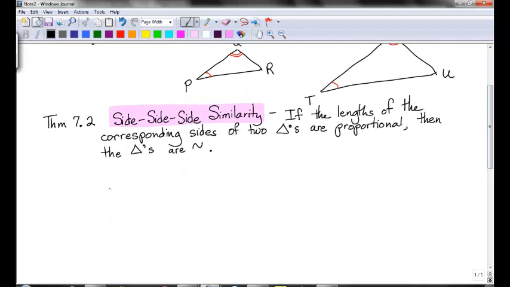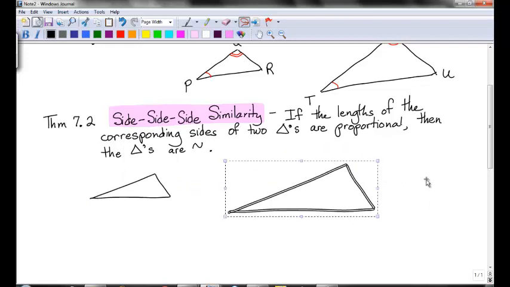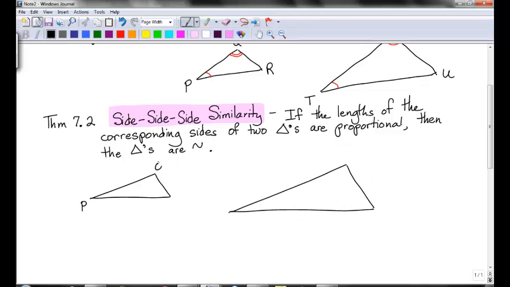Picture, draw a picture. Try to make them look alike, except one a little bit larger than the other one. Okay, and I'm going to label this one P, Q, R, and this one T, S, U. Now, don't mark any angles.